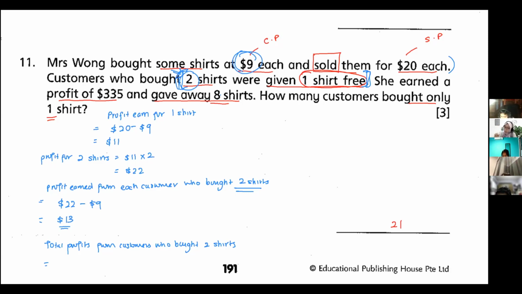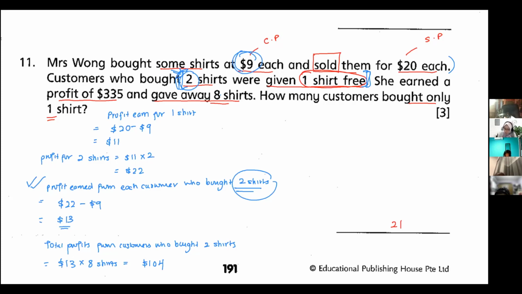So I want to know how much I earn from that sale. I take the $13 from the two shirts, the one that I found here, times my 8 shirts, which equals $104. Okay, not done yet.